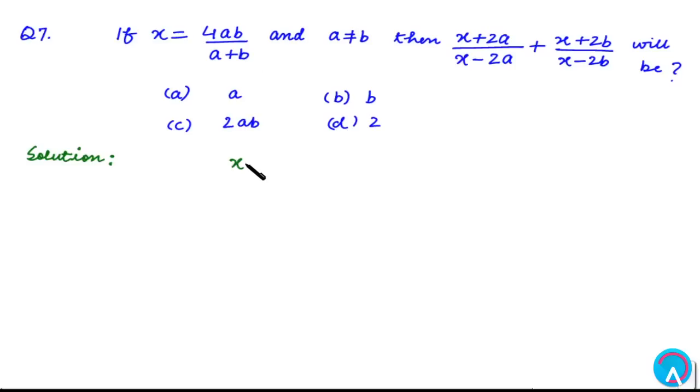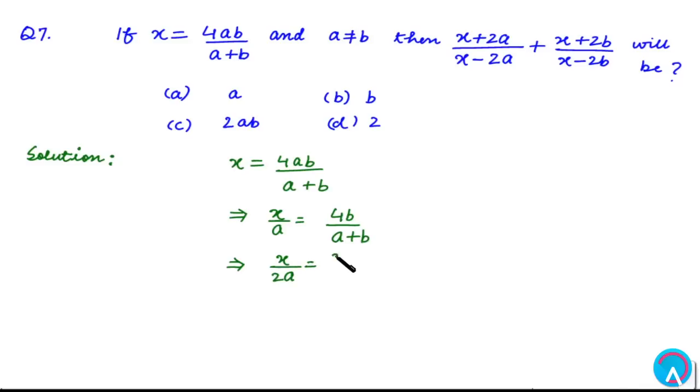This implies x by a is equal to 4b by a plus b. This implies we can have x by 2a is equal to 2b by a plus b.